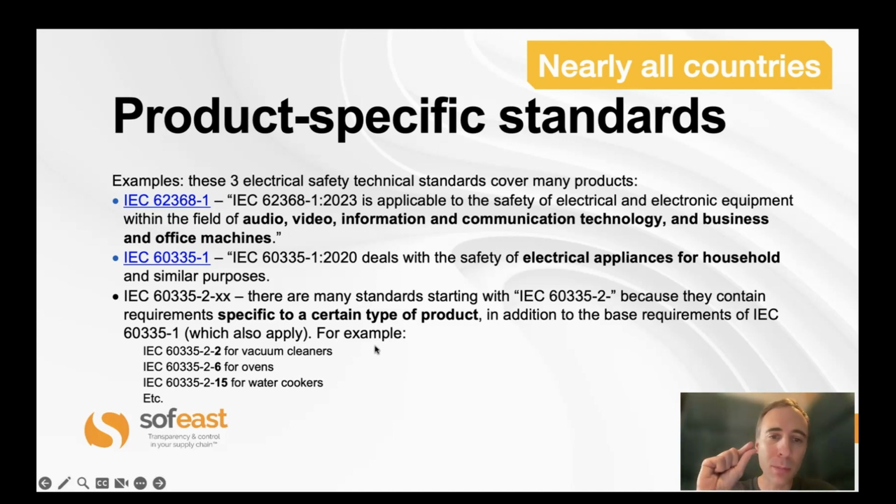So this one is much finer grained in terms of products targeted. For example, -2 is for vacuum cleaners, -6 is for ovens, -15 for water cookers, and it keeps going on and on. So you need to be aware of the logic of the standards that apply to your product.